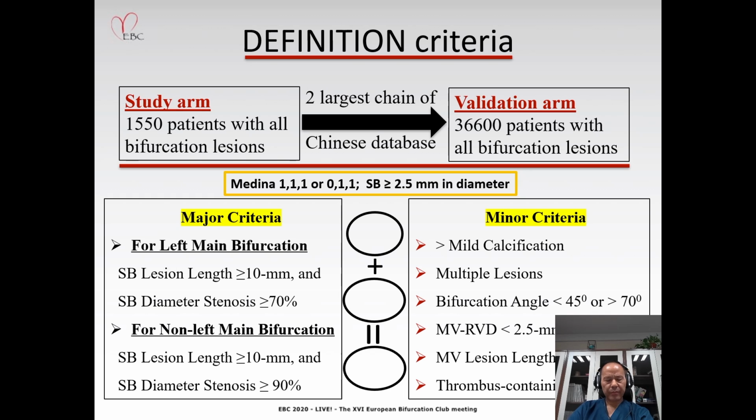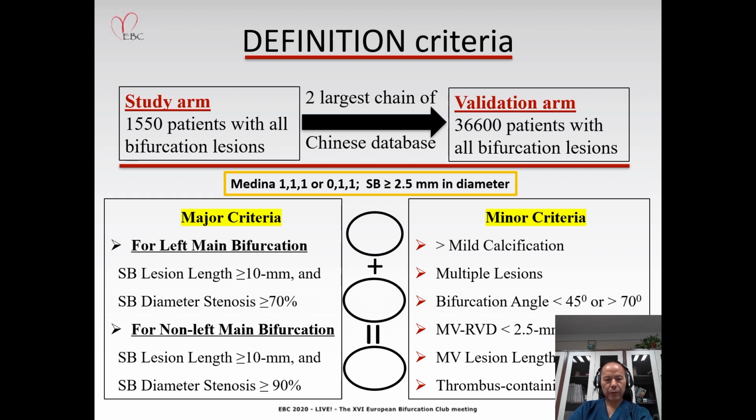For this, in 2015, we studied to establish our new criteria from a study arm with 1,550 patients with all kinds of bifurcation lesion. After that, the new criteria were tested in another validation group with 3,660 patients with all bifurcation lesion.